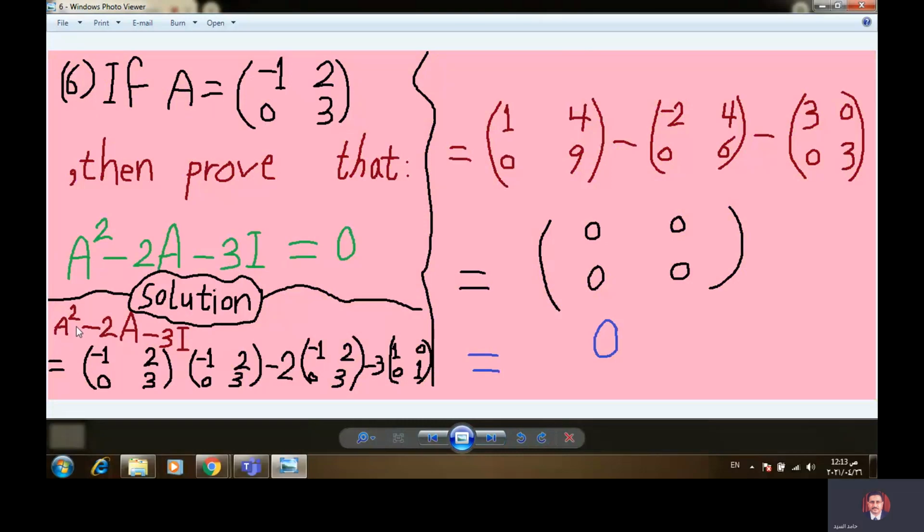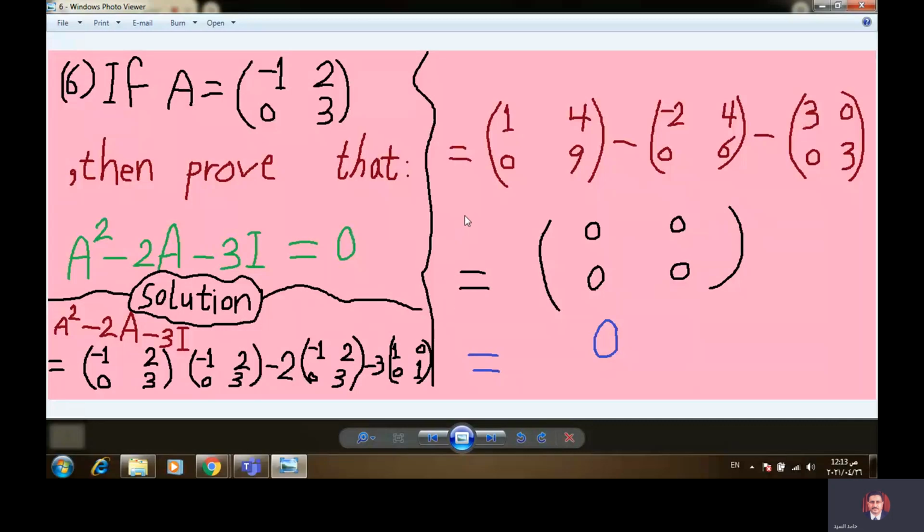A power 2 minus 2A minus 3I equal this matrix of elements negative 1, 2, 0, and 3 times this matrix of elements negative 1, 2, 0, and 3, minus 2 times this matrix of elements negative 1, 2, 0, and 3, minus 3 times this matrix of elements 1, 0, 0, and 1, unit matrix.